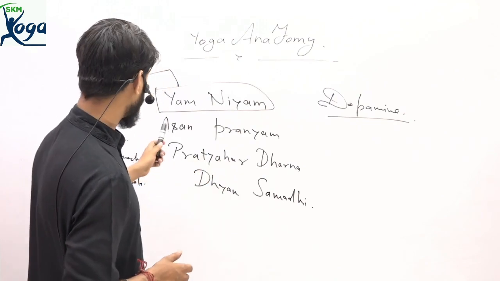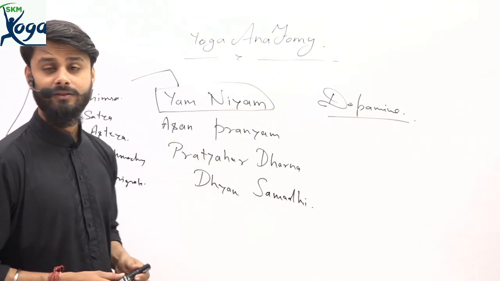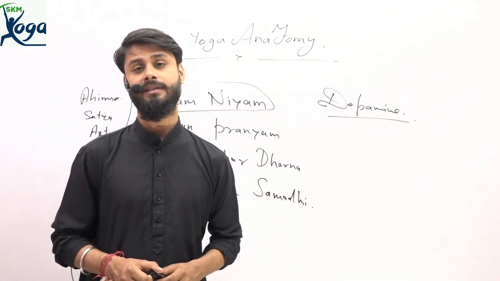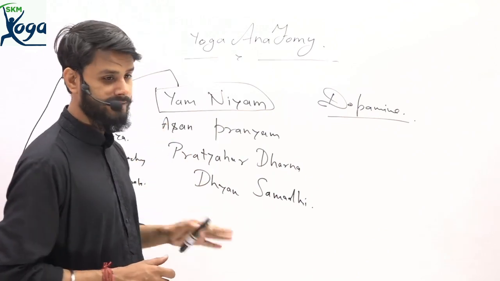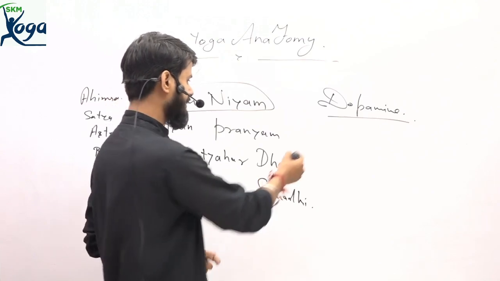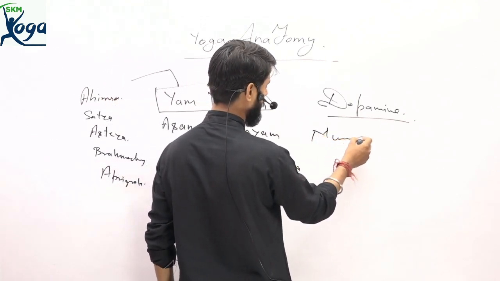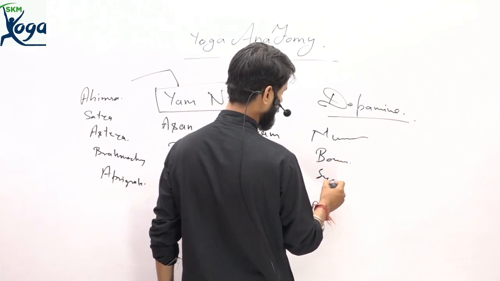When we talk about how we can practice asana and pranayama without knowing yoga anatomy, you must understand that you are not going to practice any asana without knowing the names of particular muscles. We can say muscles, bones, systems.